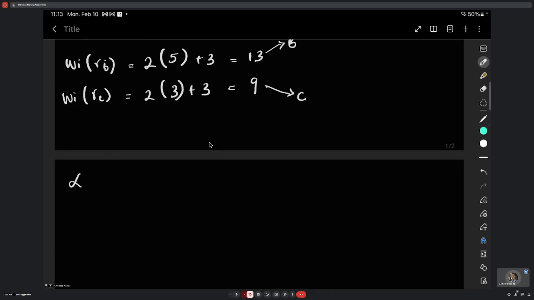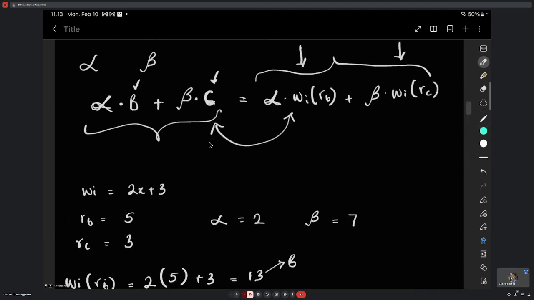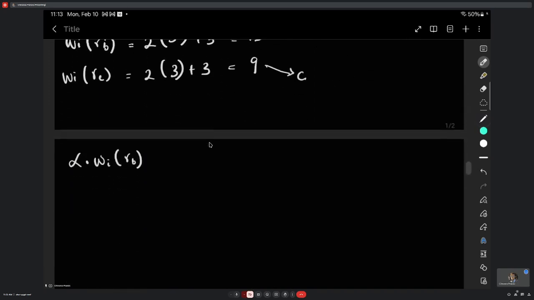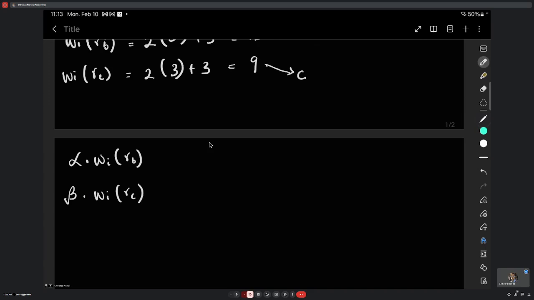So this is alpha times wi evaluated at rb, right? Which is this guy, alpha times wi at rb. And beta times wi evaluated at rc.